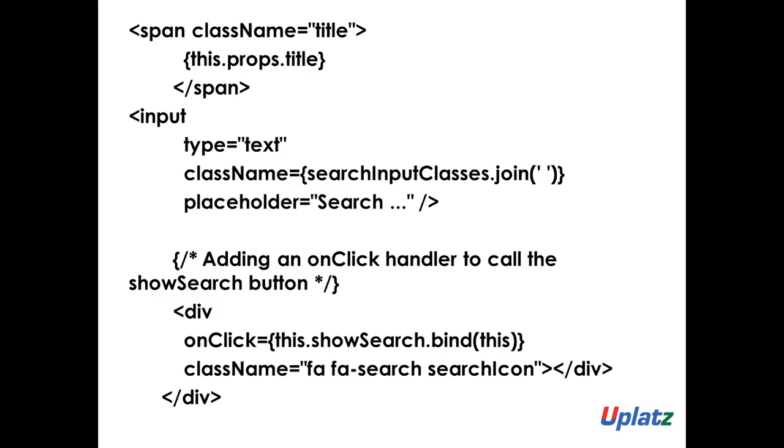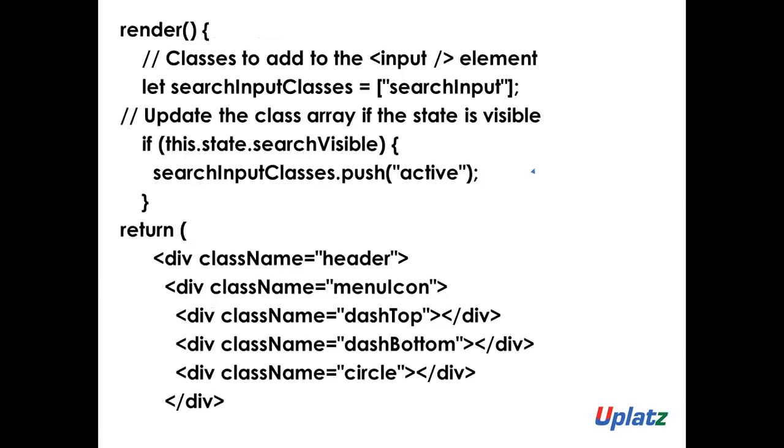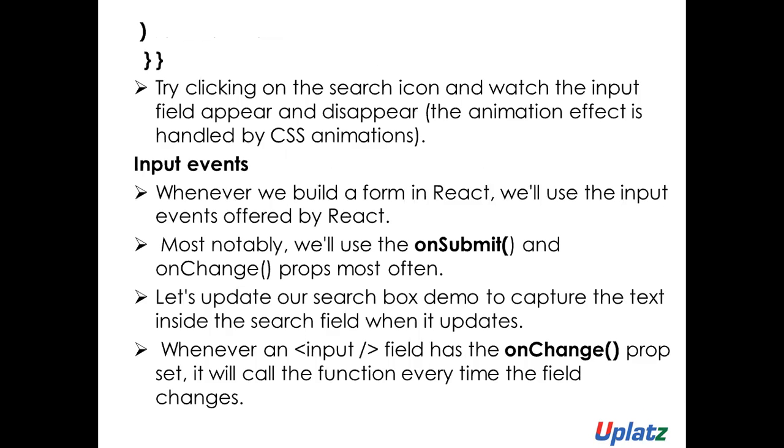So this is our user interaction for our first example. You can try clicking on that search icon and watch the input field appear and disappear. That will be an animation effect. The rest of the things you need to do with CSS animation.